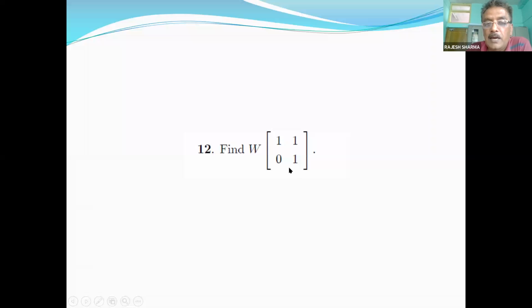And what is the center? Trace A by 2, so (1 plus 1) by 2, that is 1, is going to be the center. Now we have to calculate the radius, because it is slightly lengthy. It is okay, you have solved this question, but it is lengthy to calculate this x star Ax.